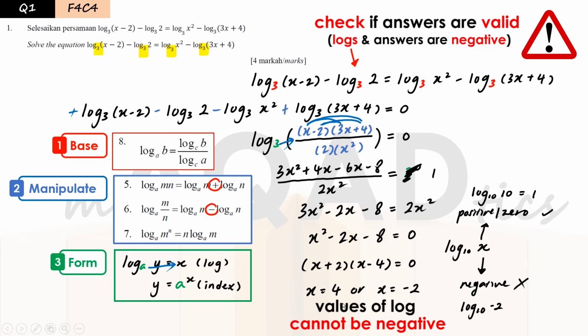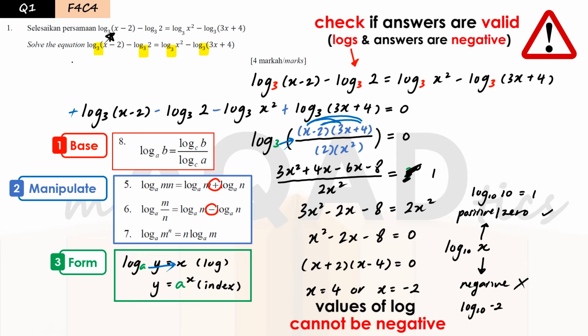So to check whether our x values are valid or not, we can substitute these two x values into one of the logarithms here to see whether it will produce a negative value or not. From all these 4 logs, I prefer students to use this one, because it has a minus. If we substitute these two x values inside, we can see more clearly which x value will produce a negative value. So let us substitute it one by one.